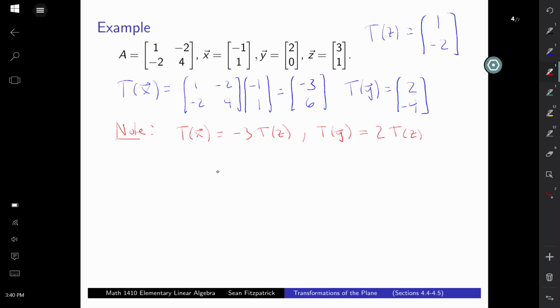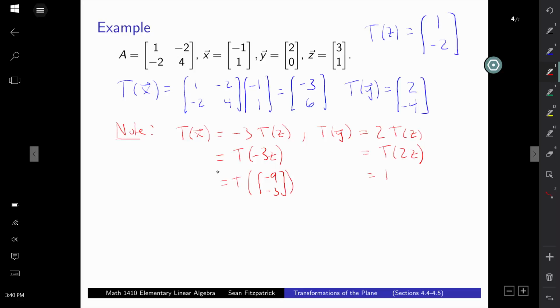And what's interesting is we also know from the linearity properties that scalars can move in or out. So this is the same thing as T of -3z, and this is the same thing as T of 2z, right? But what's -3z? -3z is (-9, -3).